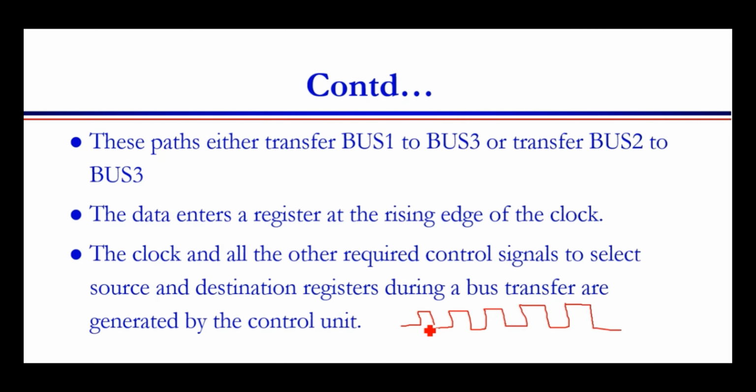So whenever the clock tends to rise up in this direction, that is the rising edge of the clock. When the clock starts rising from the minimum value towards the maximum value, that is the rising edge of the clock. We'll also have a falling edge of the clock.